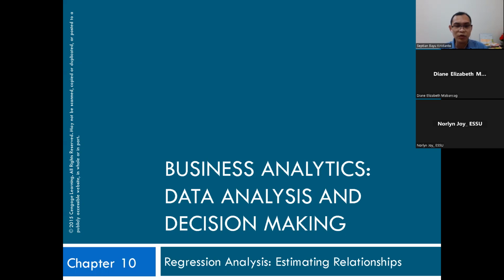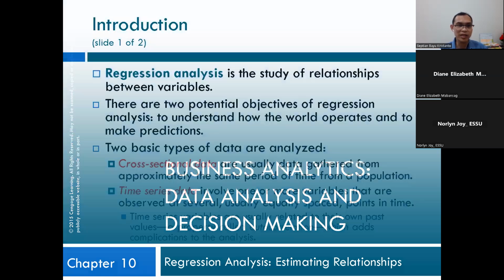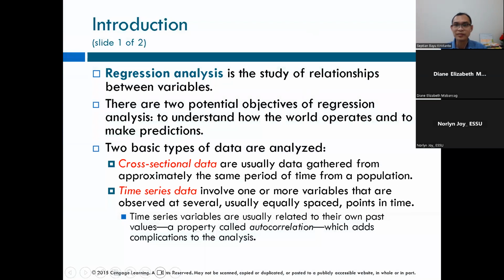And before we start on relationships, we need to explore the function of regression analysis, used for estimating the relationship between variables. As we learn in the analysis, regression analysis is a study of the relation between variables.